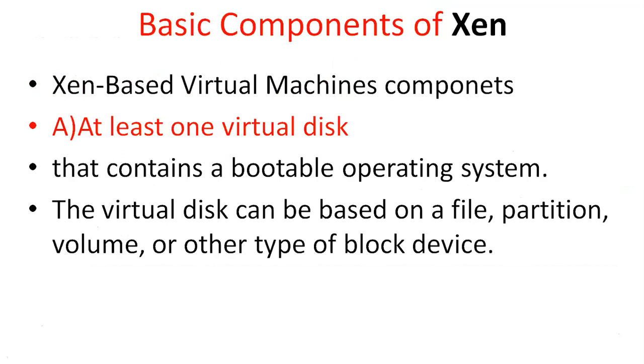What is a virtual disk here? The virtual disk consists of a bootable operating system. The virtual disk can be based on a file or partition or volume or other block device. That means you can form the virtual disk based on files, partitions, volumes or other types of block devices.